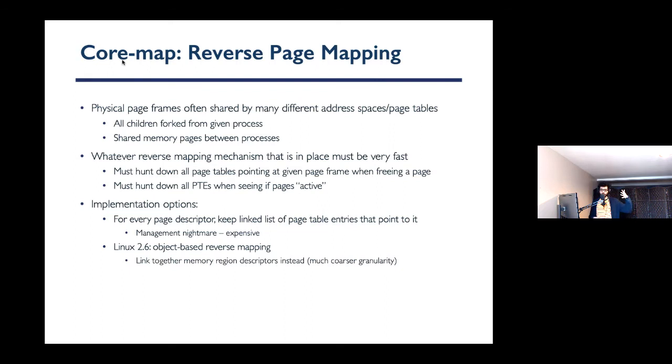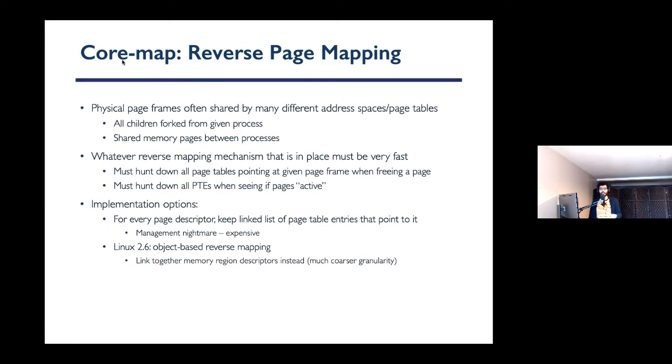So all that we talked about so far was forward page mapping, basically translations from virtual addresses to physical addresses. That was very important. We have to have it. And that's what we had page tables for. But the reverse is also important. So you have to know for each physical page which virtual pages it's mapped to.